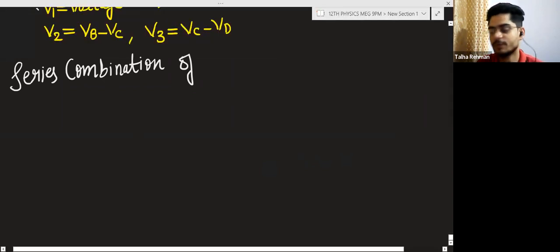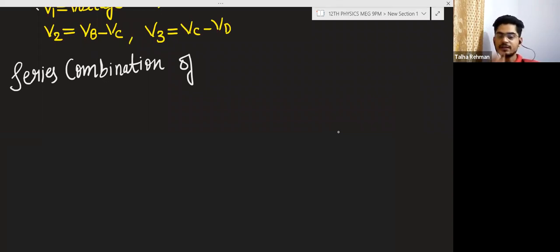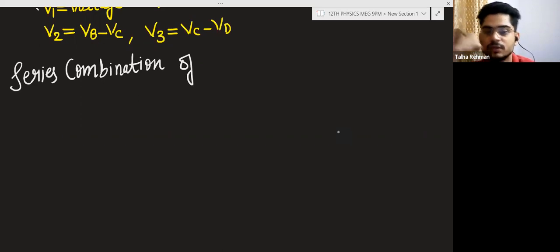HC Verma was a professor at IIT. Do you know IIT? Indian Institute of Technology in India. So he was the professor there, and he wrote this book at least 20 or 25 years ago.